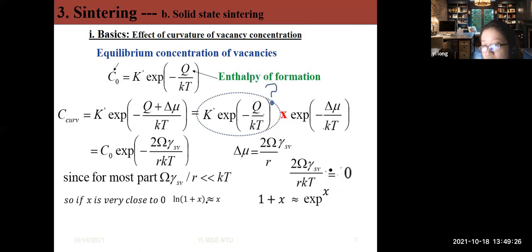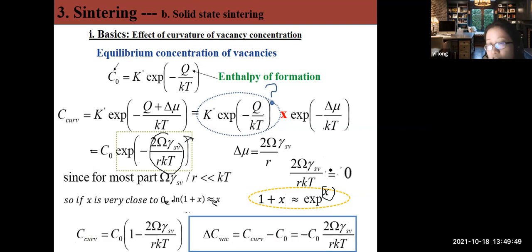Obviously now, since as I said, I put exponential here, then exponential x equals 1 plus x. So this one now, x, this is also the x. Okay, so let's continue. In the end, it's the same thing.